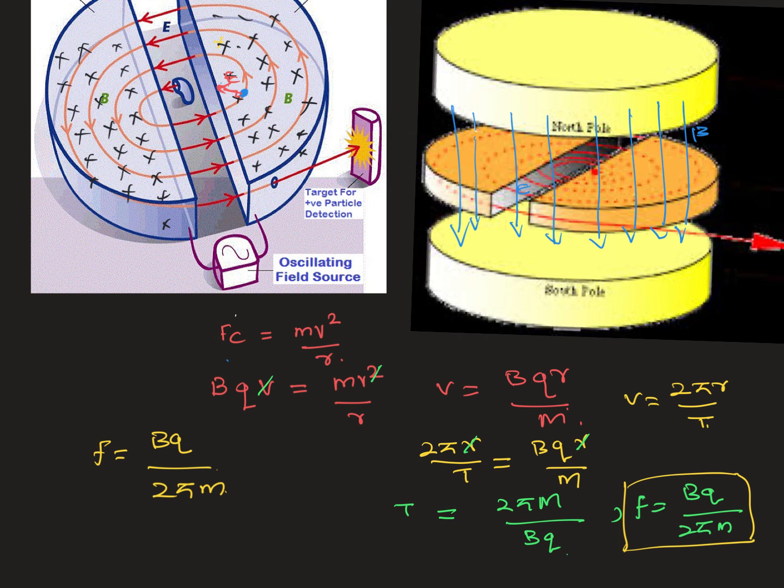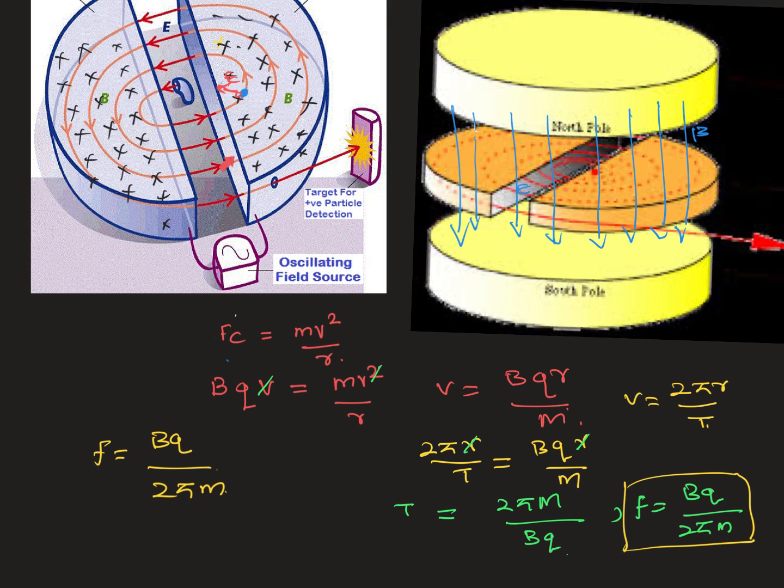To summarize what we have discussed, the velocity of the particle at a particular stage is given by this equation, which depends on the radius. So the radius changes and the velocity changes. But when we look at the period, it's the same. The time it takes for this particle to go from here to here is the same as it takes from here to here.